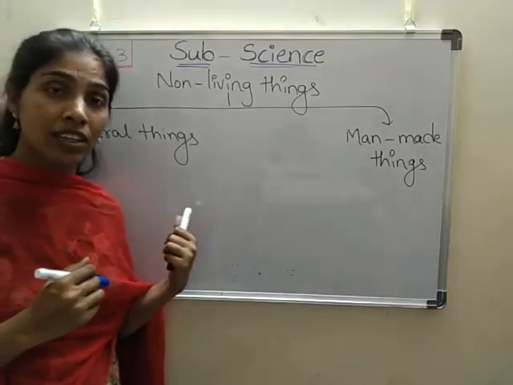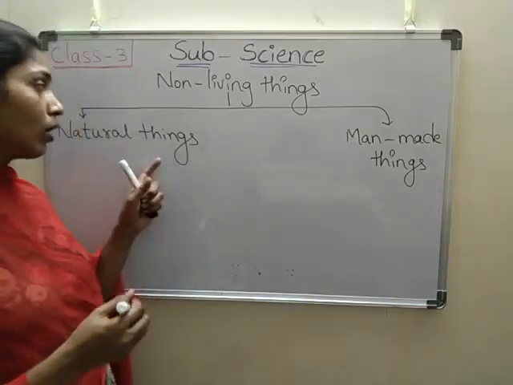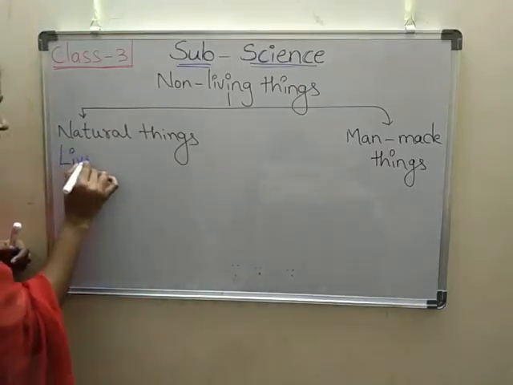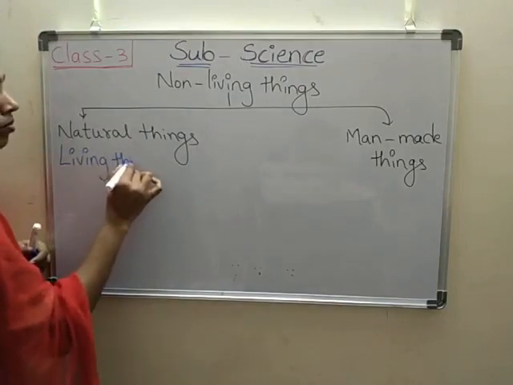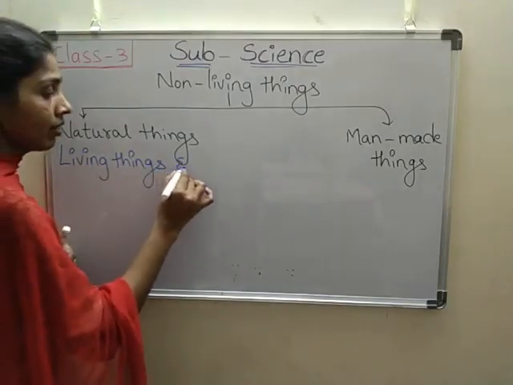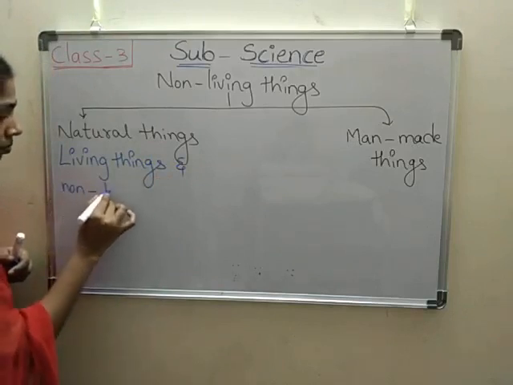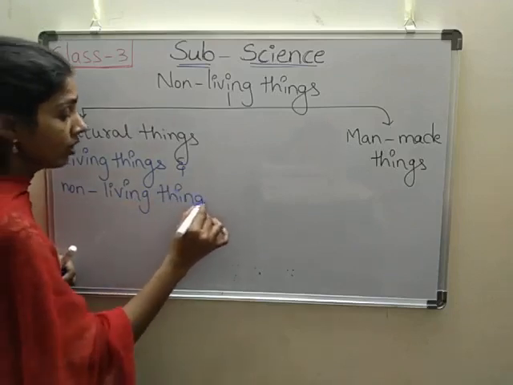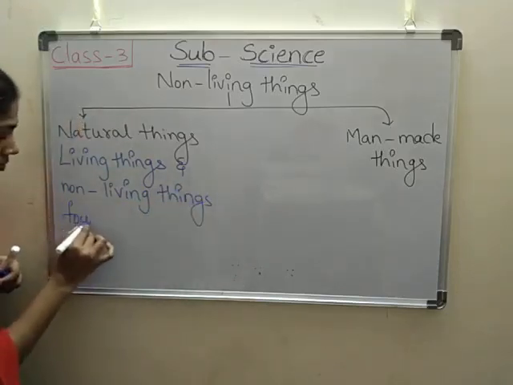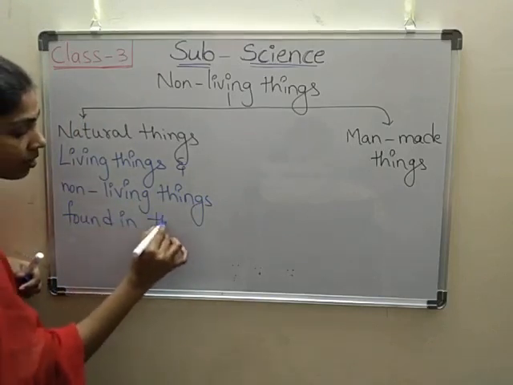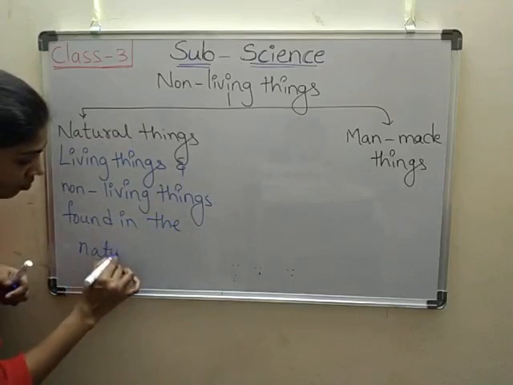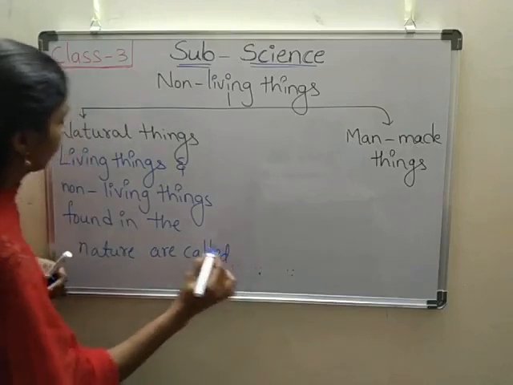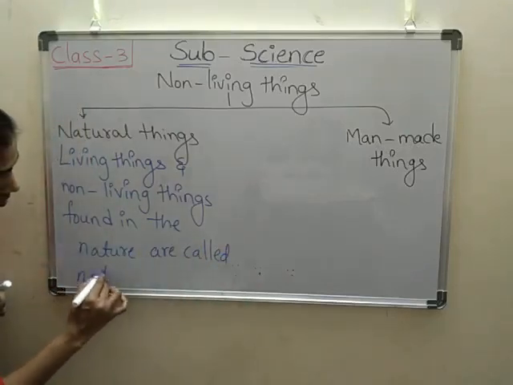Living things and non-living things found in nature are called natural things.